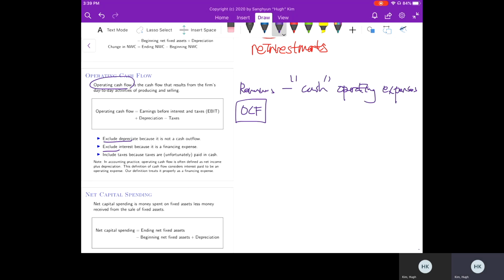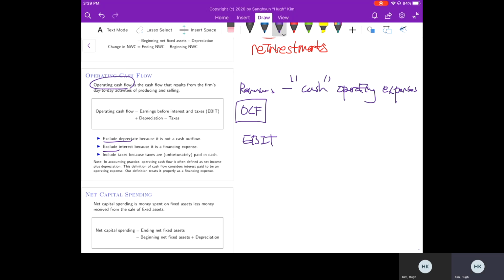And you can start from earnings before interest and taxes. So it's before interest and taxes, so it excludes interest expense already.